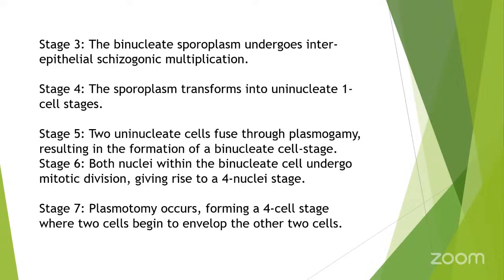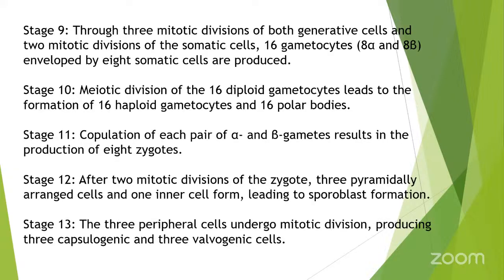Through three mitotic divisions of the generative cells and two mitotic divisions of the somatic cells, six gametocytes enveloped by 8 somatic cells are produced. Then, meiotic division of the 6 diploid gametocytes leads to the formation of 16 haploid gametocytes and 16 polar bodies. Then, copulation of each pair of alpha and beta gametes results in the production of 8 zygotes.